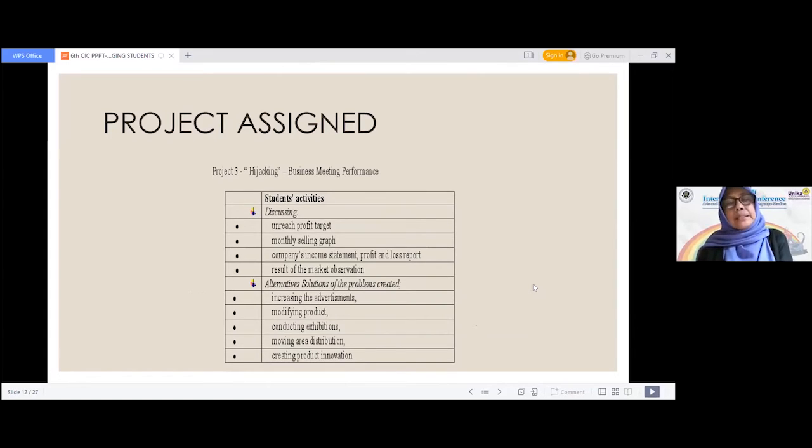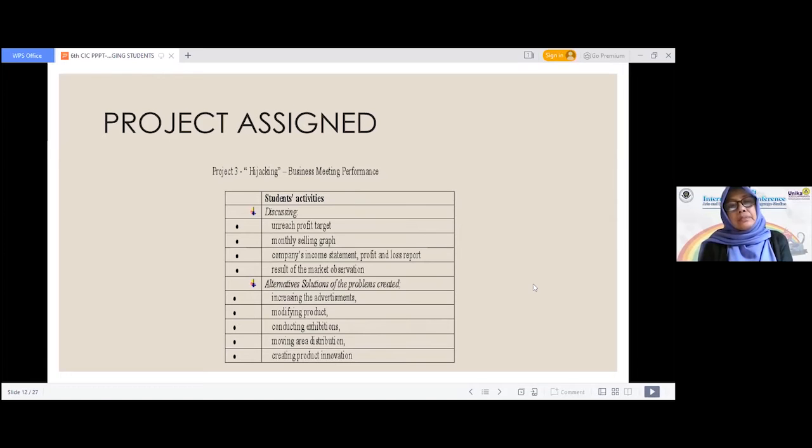This is one of the examples of the material given or assigned to the students, talking about the hijacking. The students discuss the undisclosed profit target among the groups, and then, within the group, the monthly selling graph, the company's income statement for profit and loss, as it is for accounting students, and the result of the market observation.